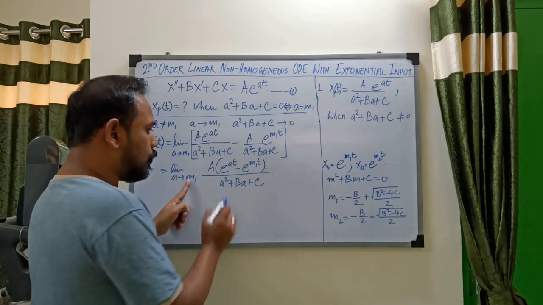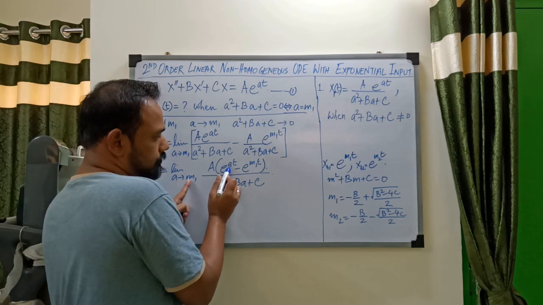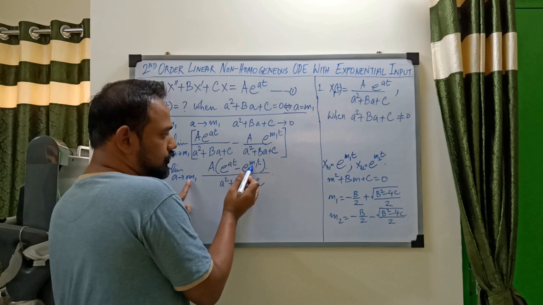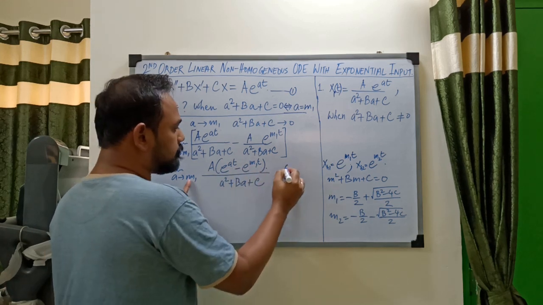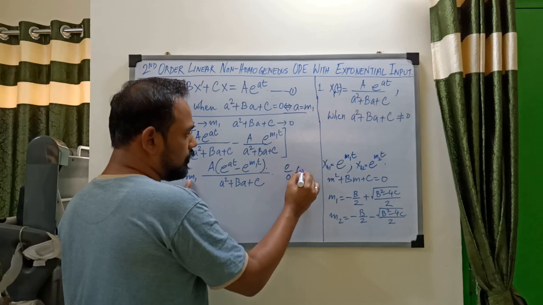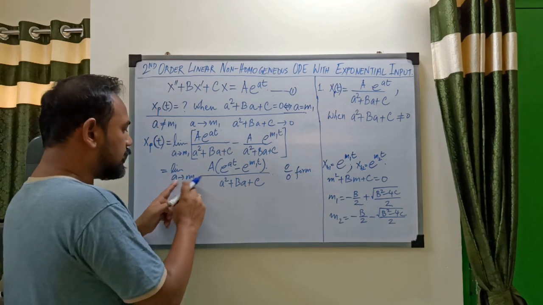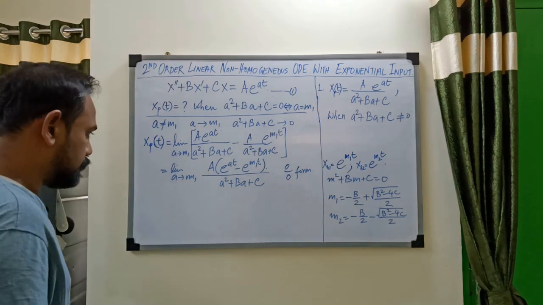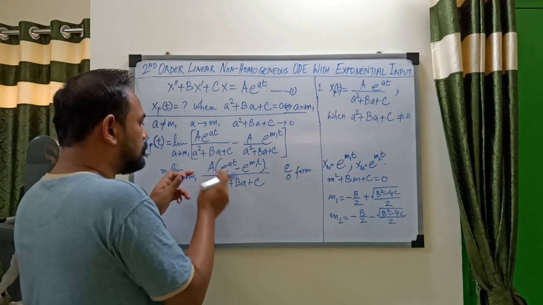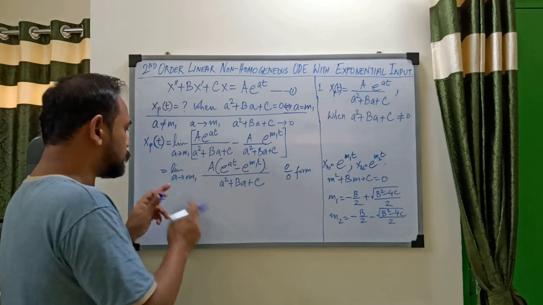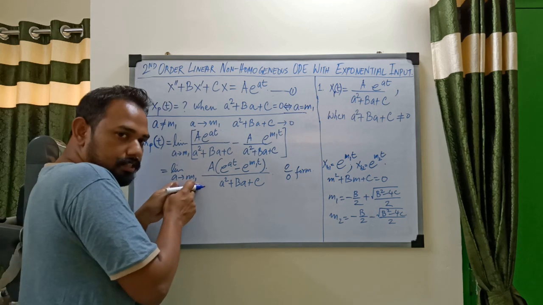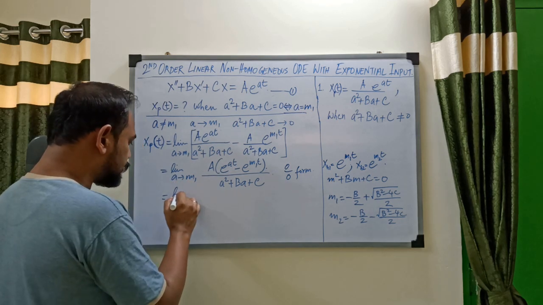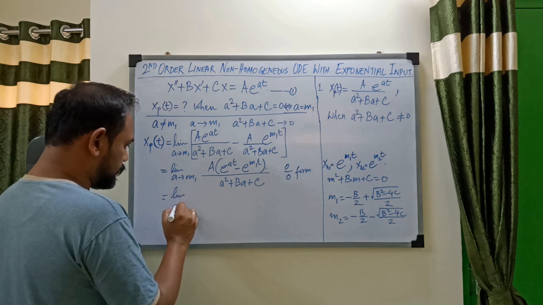And as a goes to m1, here a approaches m1, which is the same as this, so this quantity here goes to 0. So this is the famous 0 by 0 form of L'Hopital's rule. We can invoke that rule, which is to differentiate both the numerator and the denominator with respect to a, because a is the variable going towards m1. So let's apply L'Hopital's rule here.